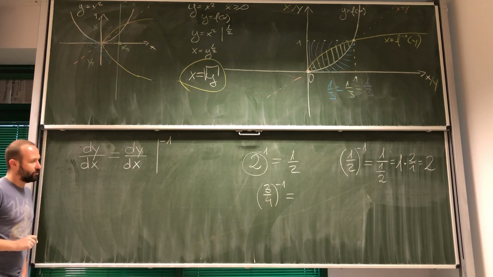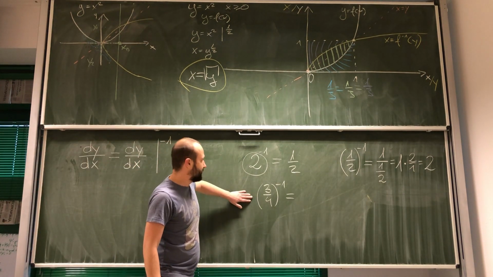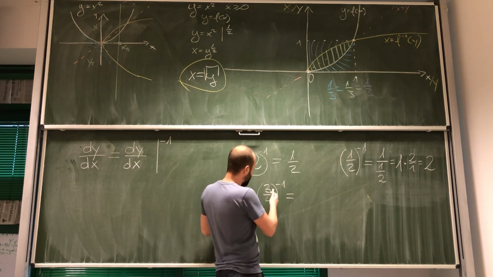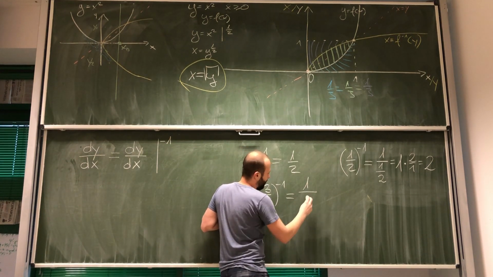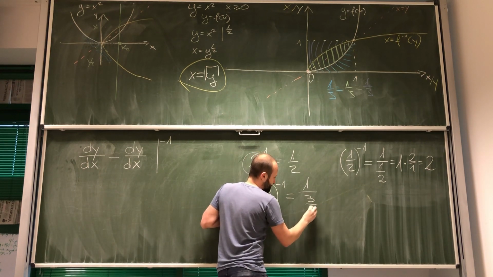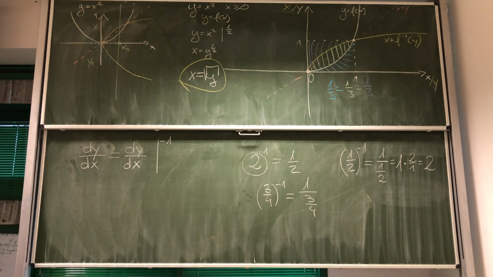Okay, let's use the same rule. Look, we can write it in two different forms. How? Look, first, I can simply take this as 1 over 3/4, right?